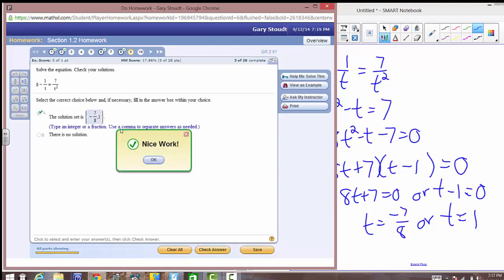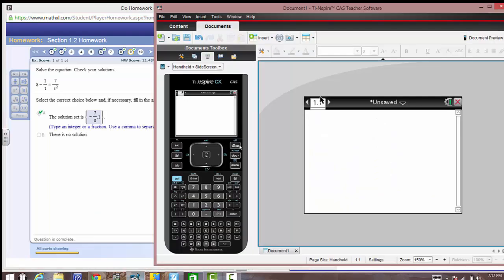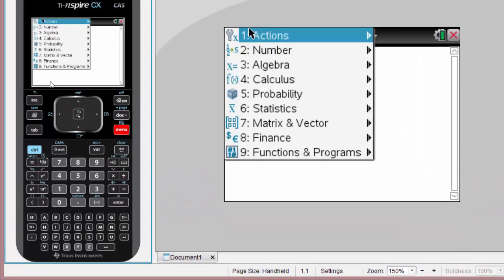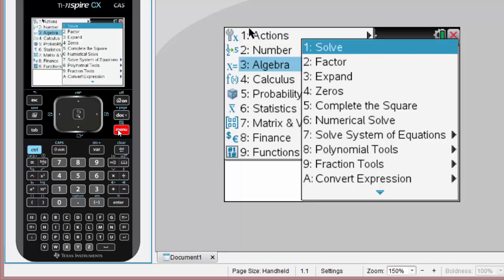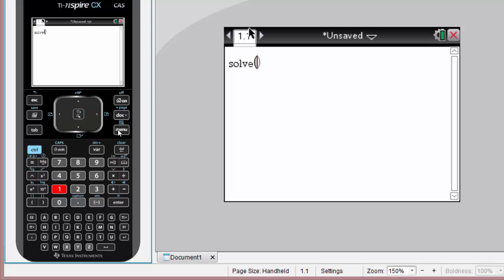Okay, let's switch to the TI Inspire and see how the TI Inspire will handle this. So we'd like to solve the equation. Don't forget, everything comes from the menu. So menu, we want to do some algebra, so option 3. We want to solve an equation, so option 1. What do we want to solve?